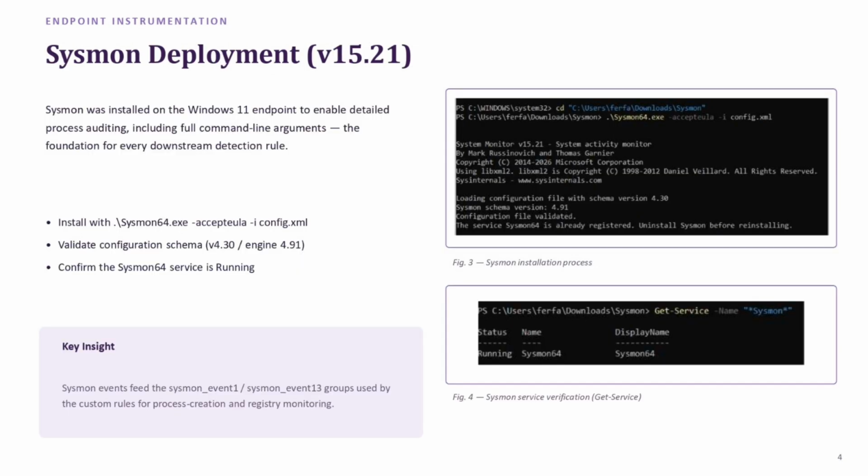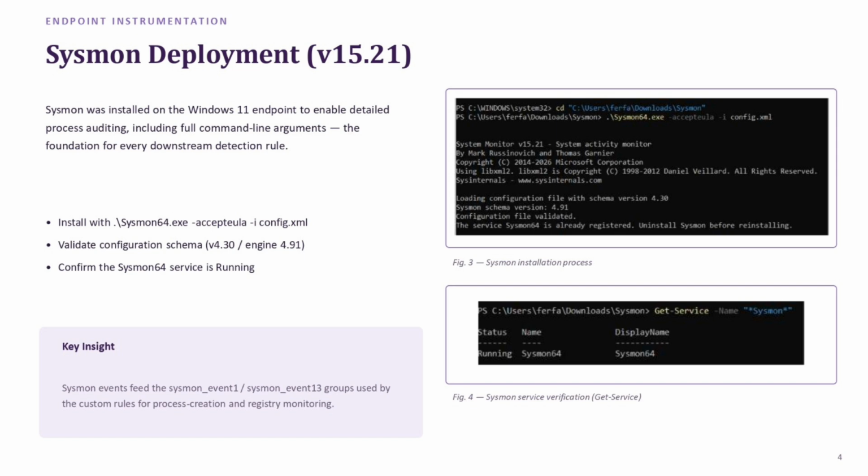The next step was installing Sysmon. Sysmon is a Microsoft tool. It is very important because it gives us detailed information about every process, including the full command line. Without Sysmon, we cannot see this level of detail. I installed it with a command using a configuration file called config.xml.